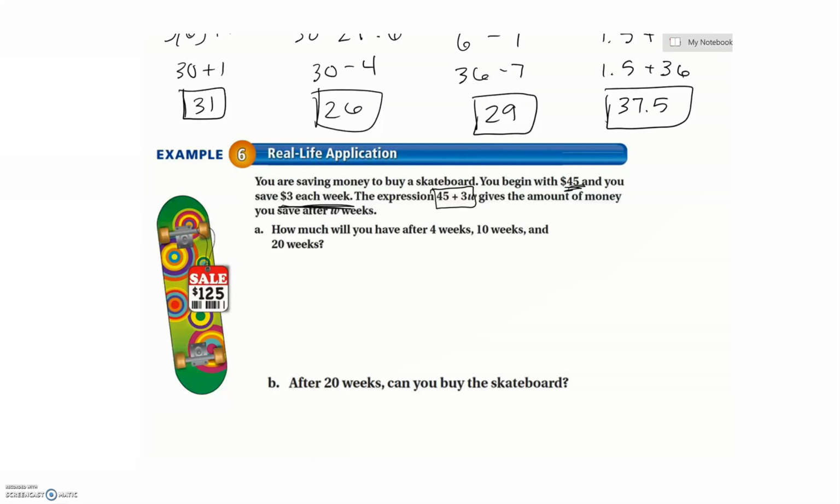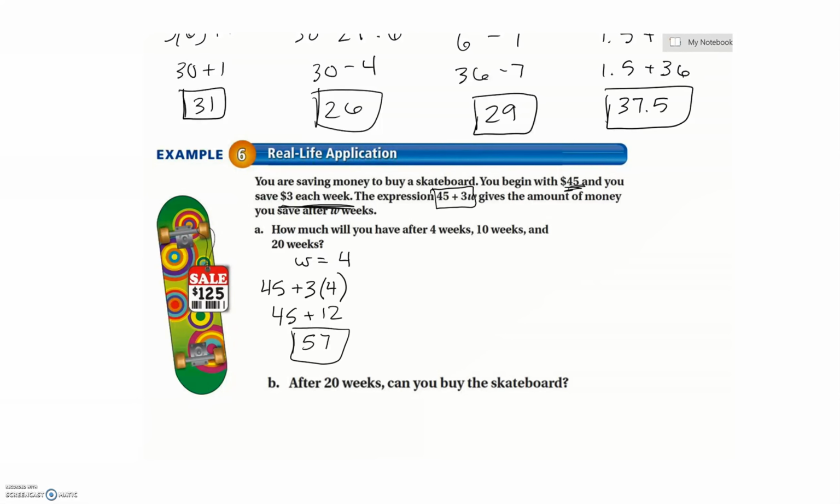So you want to substitute in all that information. First we're going to substitute in when W equals 4, so 45 plus 3, and then our W is 4. So now I have 45, and then 3 times 4 is 12, and then add those together, so I have 57.